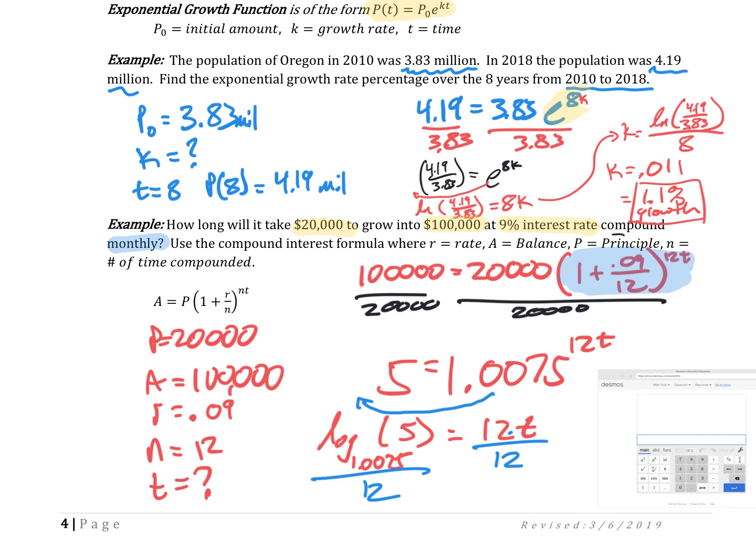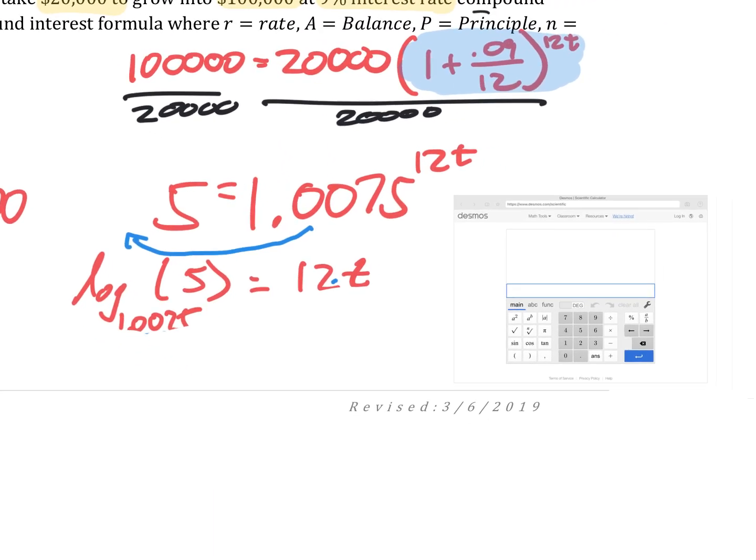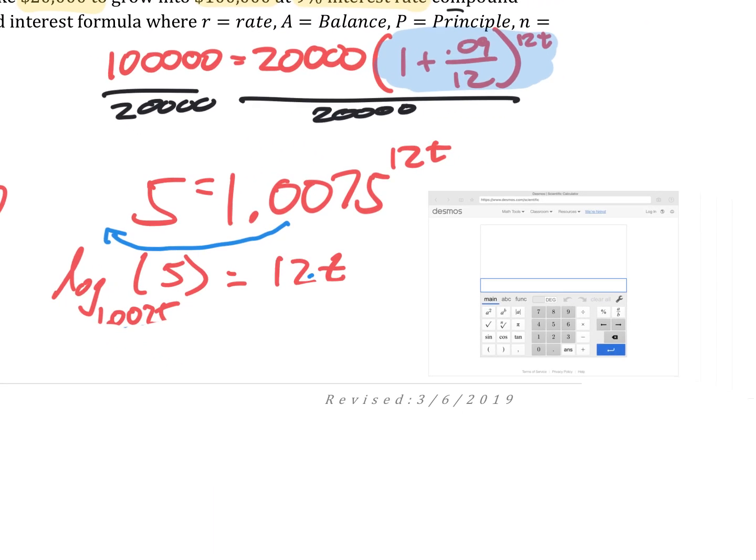Now actually let me back up here. Let's get this 12 out of here. We need this as a decimal, so log base 1.0075. Actually, it's 0075, right?